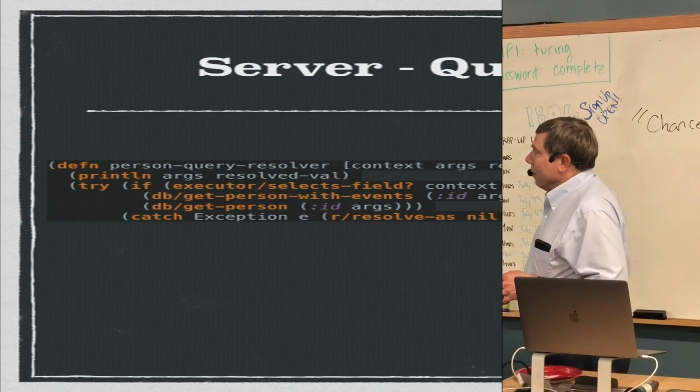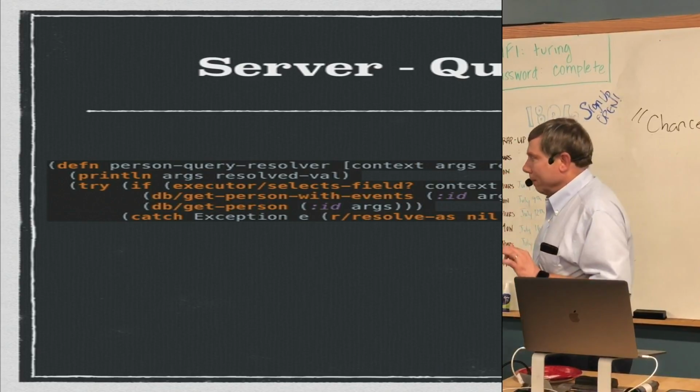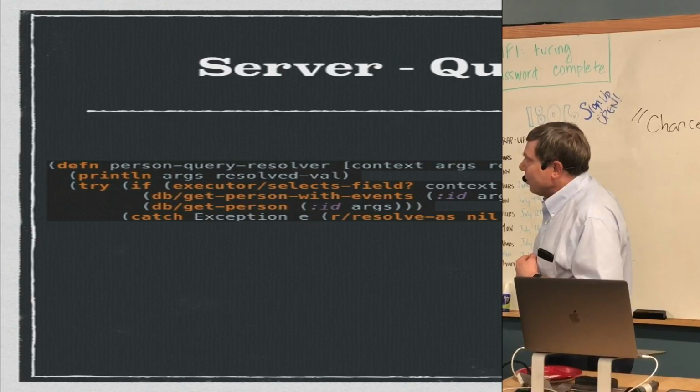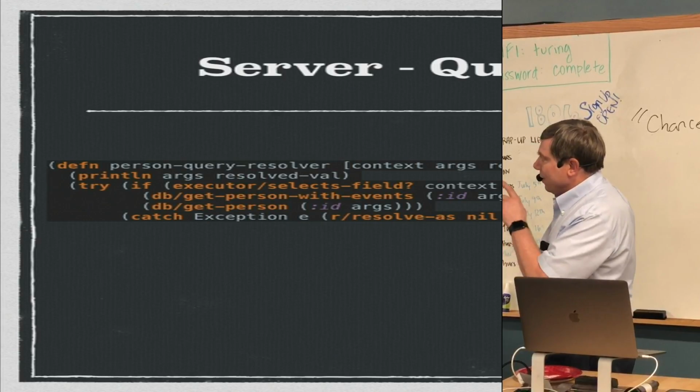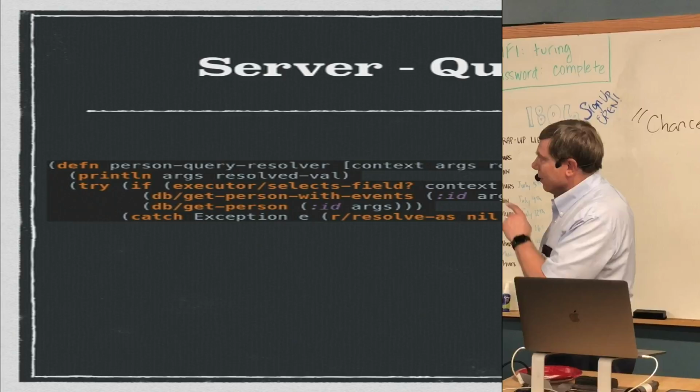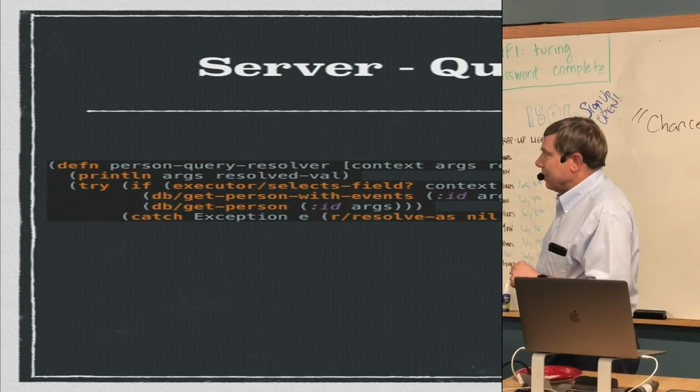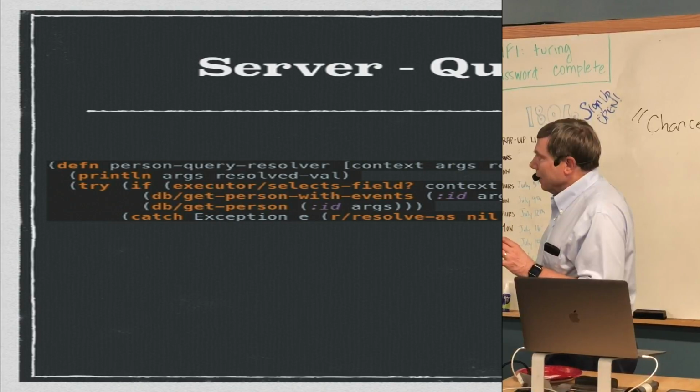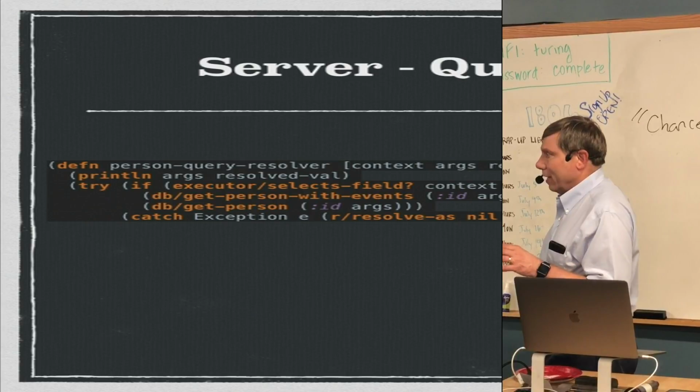Okay, so this one, remember I could do the subquery. That's what the executor selects field is. I look at the context and see, does it have the events field on a person in it? If it does, I have to call get person with events.